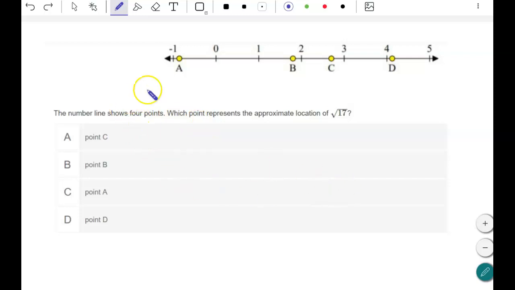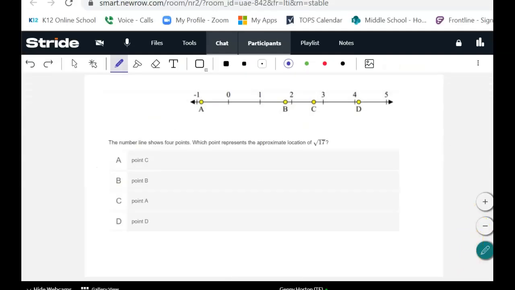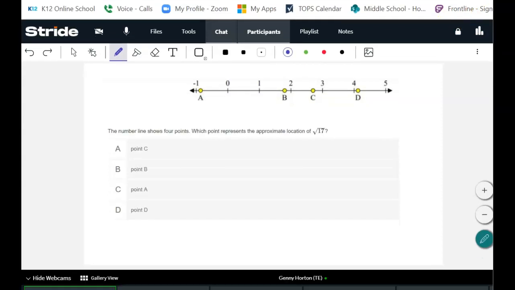All right, this one, you got to use the calculator again. So we're going to do the square root of 17 and see which one is the correct place on the number line. So use your calculator, and it comes out to approximately 4.12.